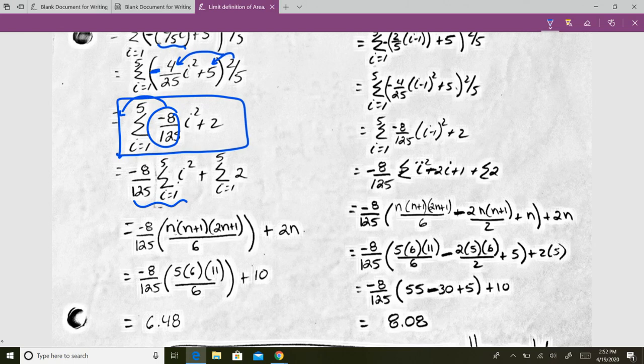Plus the sum from i = 1 to 5 of 2 i squared, if you remember from the beginning, has a summation of n(n plus 1)(2n plus 1) over 6. So this whole thing turns into that. The 2 is just 2 times your n value. The n value in this case will be 5, but I'm saving it until the end, okay?